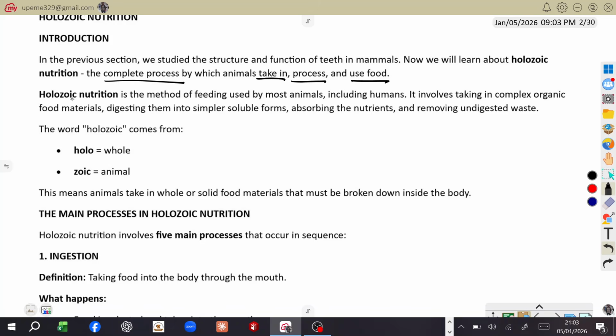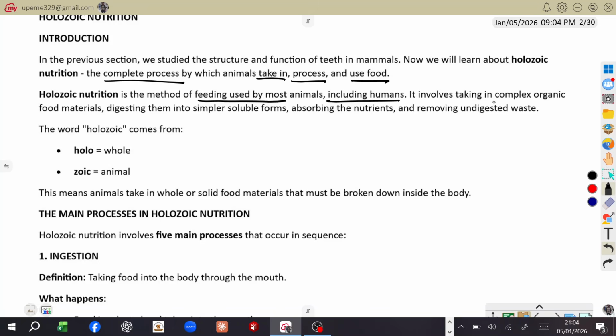Holozoic nutrition is the method of feeding used by most animals, including us humans.